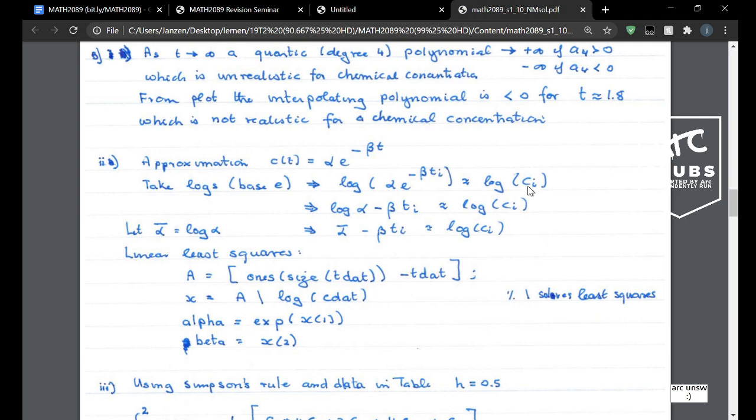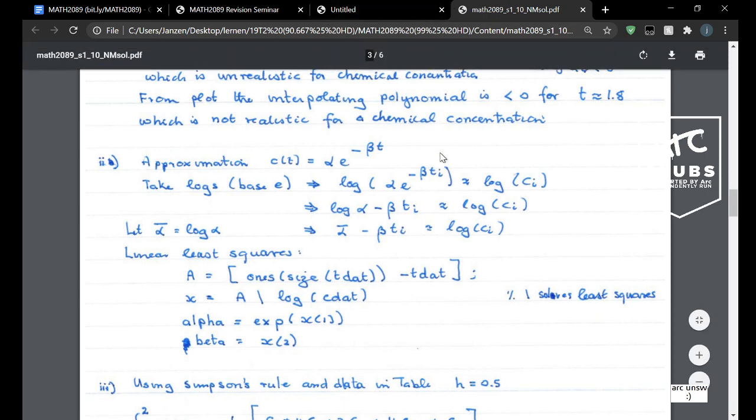Before doing that, you have to rearrange the exponential equation so that it has a linear form of log alpha minus beta t, except instead of writing log alpha, you write alpha bar.